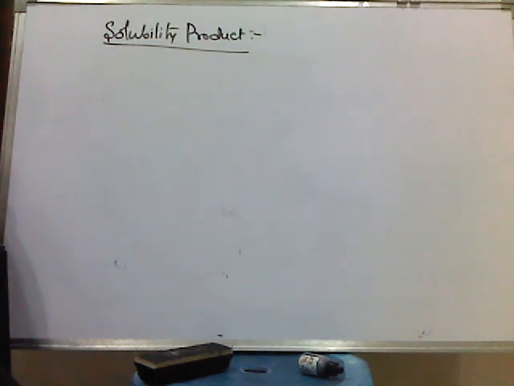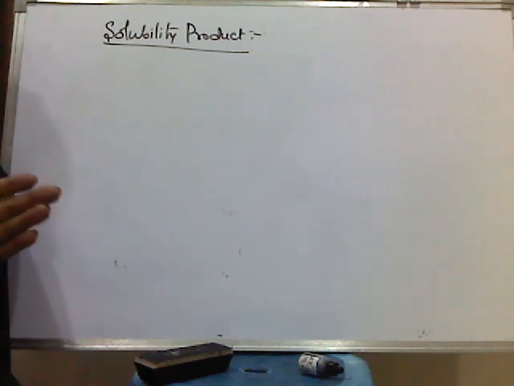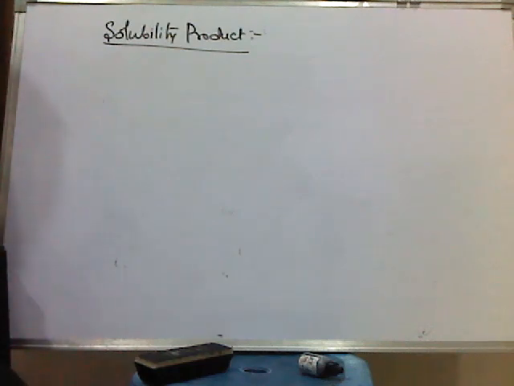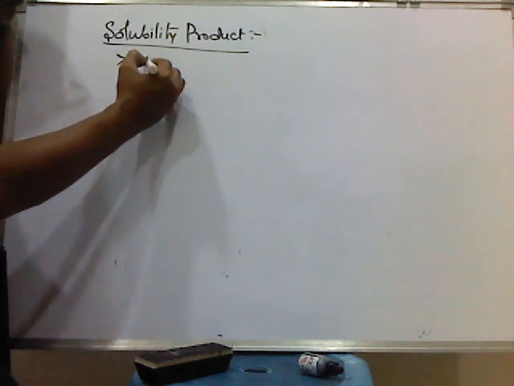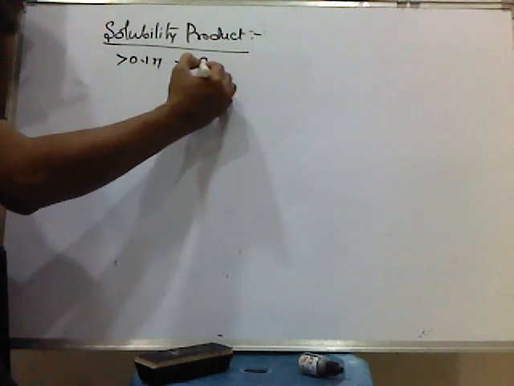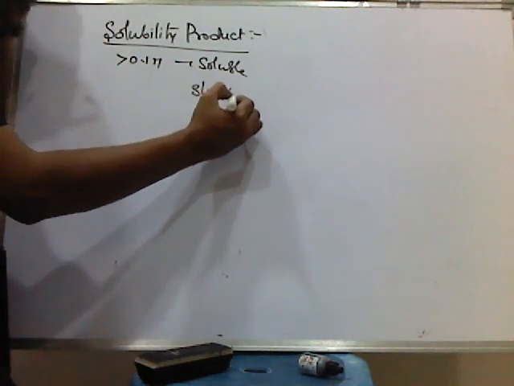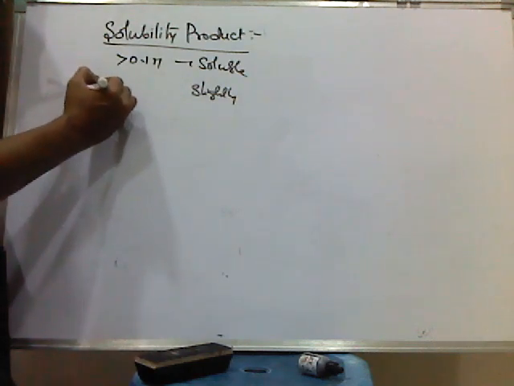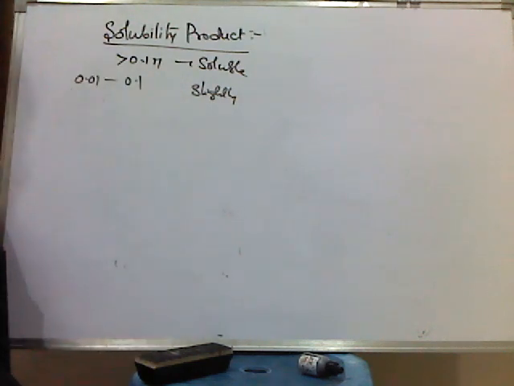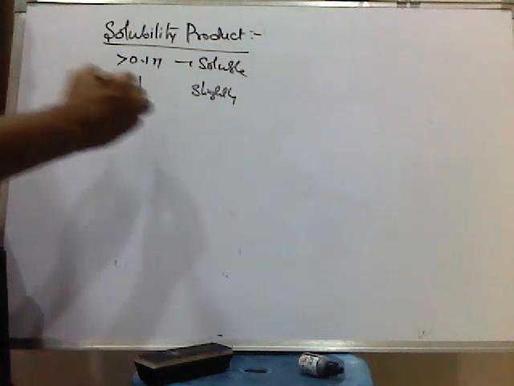Based on the solubility of an ionic solid in water, salts are classified into three types. Completely soluble salts have solubility greater than 0.1. Slightly soluble salts have solubility between 0.01 and 0.1.